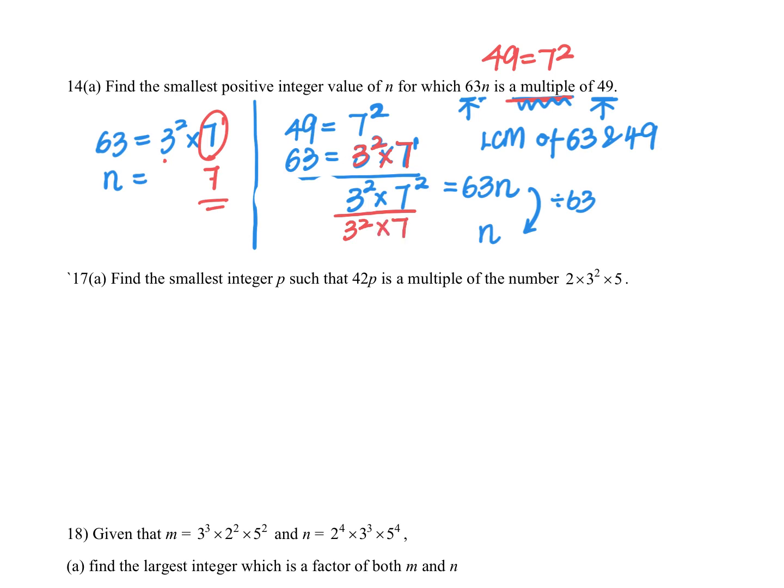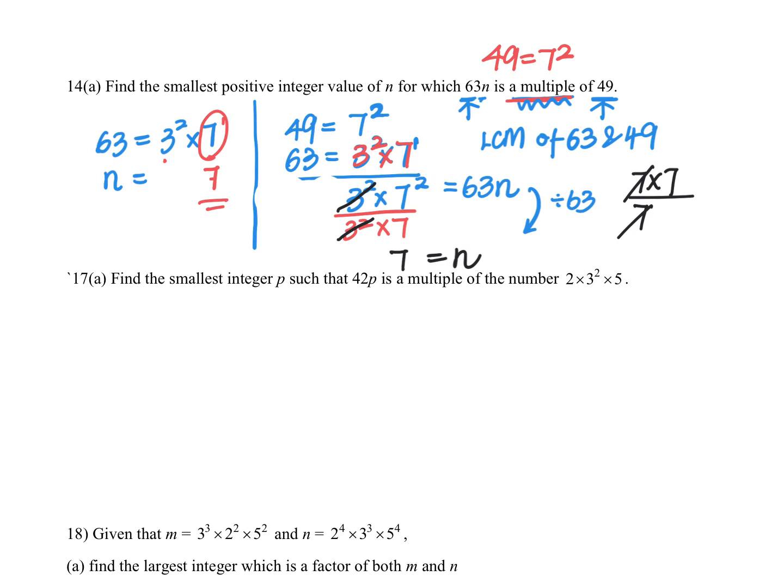When we do division, we can cancel out the factors. 3 squared with 3 squared, exactly the same, cancels out. 7 squared is 7 times 7, divided by 7 below, I can cancel out one pair. So I'm left with just the number 7. So n will be equal to 7.